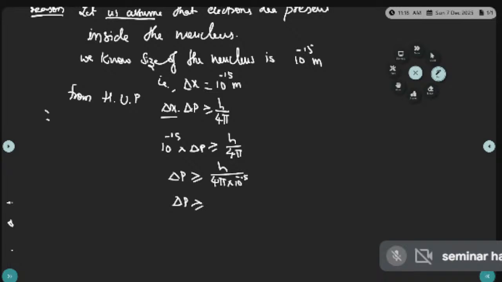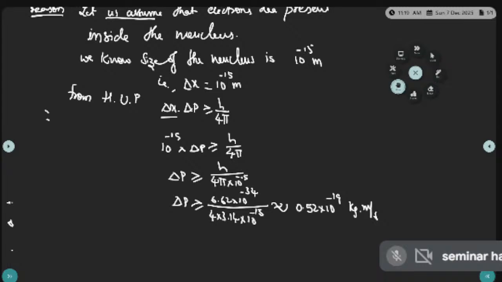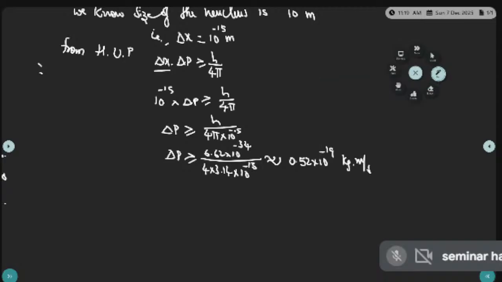What is the value of h? 6.62 into 10⁻³⁴ by 4 into 3.14 into 10⁻¹⁵. The approximate value is 0.52 into 10⁻¹⁹ kilogram meter per second. So if the position of the electron is 10⁻¹⁵ meters, the corresponding momentum is 0.5 into 10⁻¹⁹ kilogram meter per second.